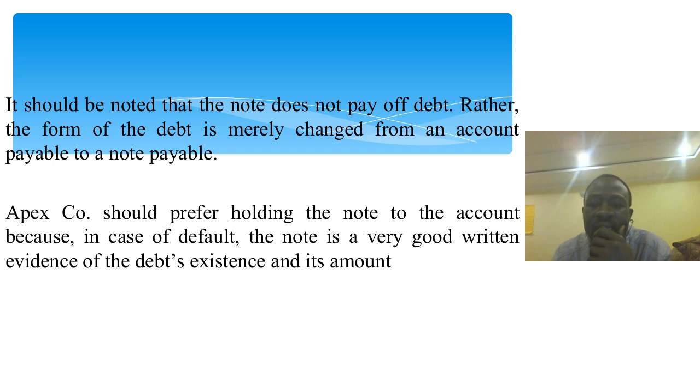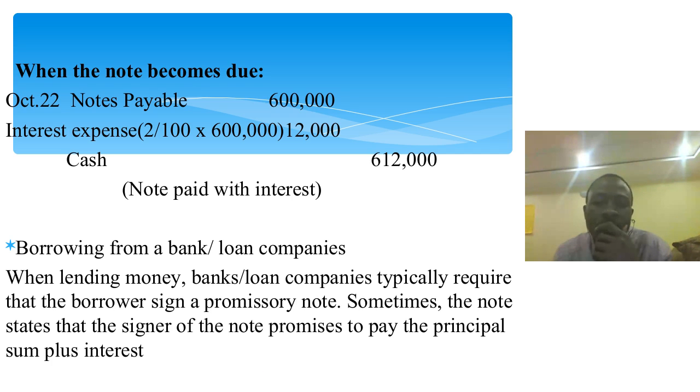The 12% is per annum. So between August and October, we have 2 months: August to September is 1 month, September to October makes 2 months.